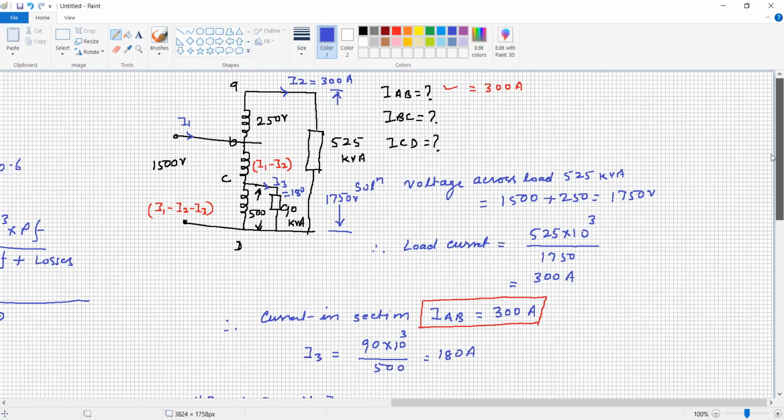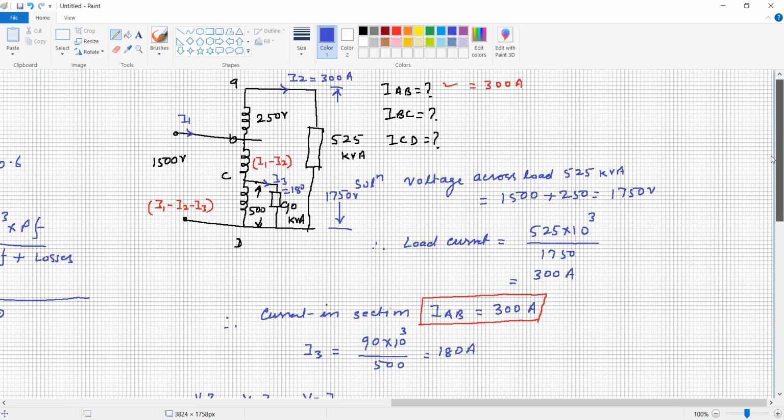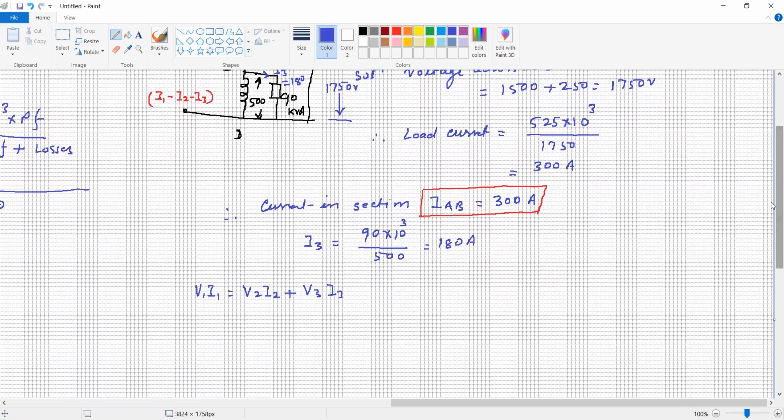So total VA is equal to 1750 multiplied by current already calculated 300 ampere plus V3, which is 500, multiplied by current 180 ampere.